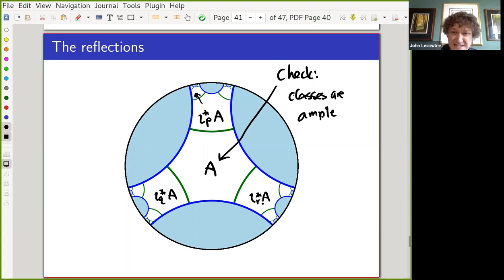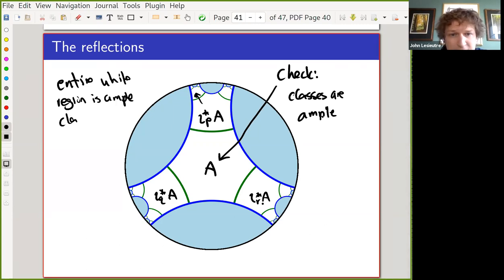So what can we see from this? The entire white region is ample classes. And you can see that there are no relations between the different pullbacks, right?